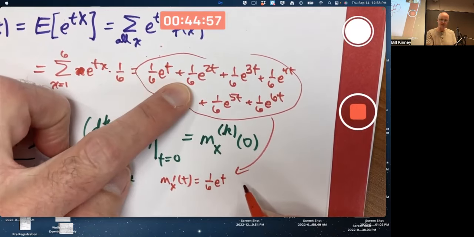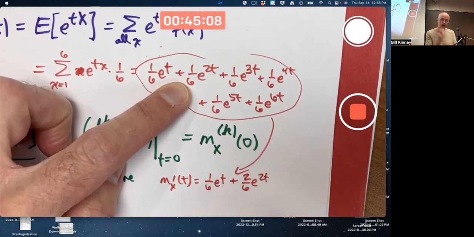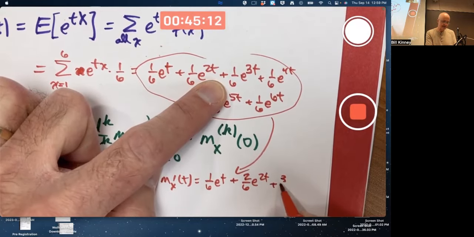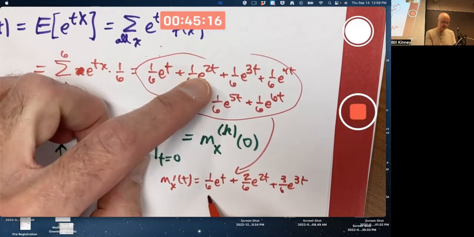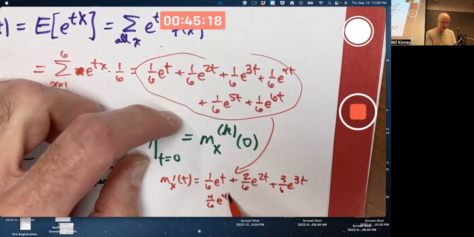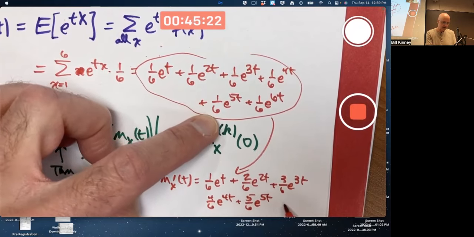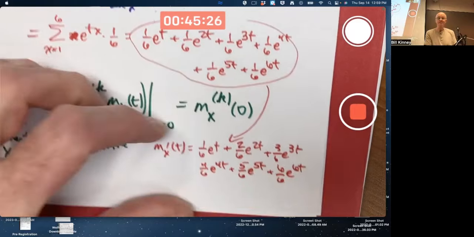The derivative of this one is itself times an extra factor of 2, to give me 2/6 or 1/3, I'll write it as a 2/6. This one I'll write as a 3/6. Then 4/6. Then 5/6. Then 6/6, which is of course 1, but there you go.